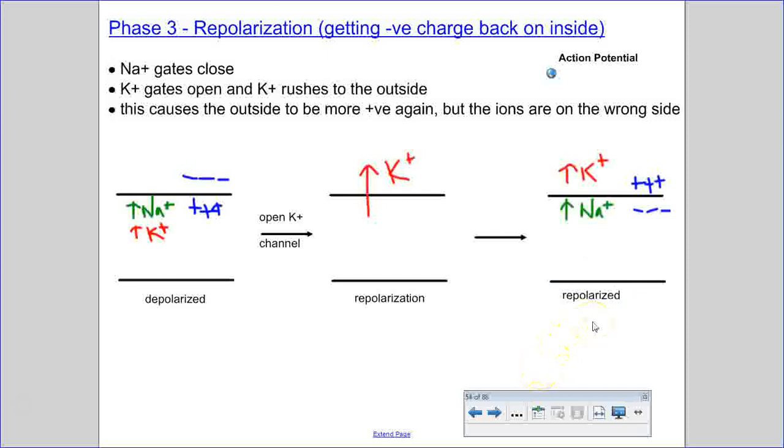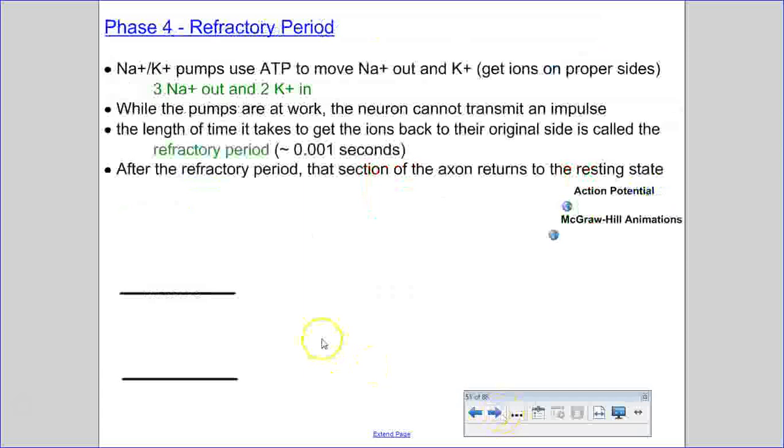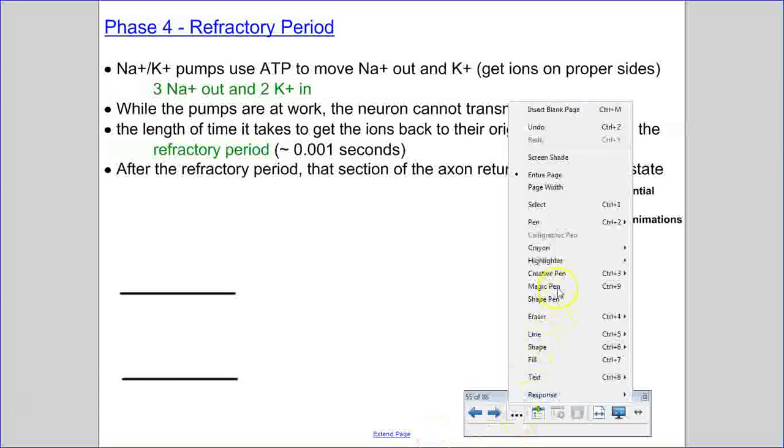The last phase, which almost happens right with the repolarization, happens very quickly. The last phase is we need to get the sodium on the outside and the potassium on the inside. So we've worked with the sodium channels, we've worked with the potassium channel. Oops, I'm gonna do that same thing.